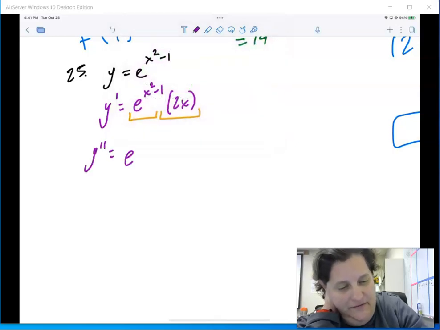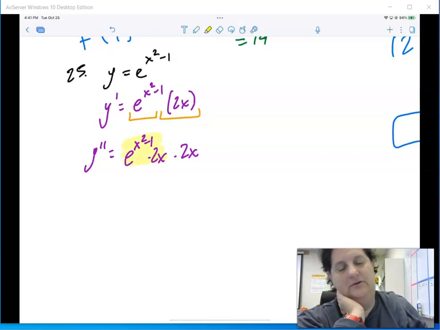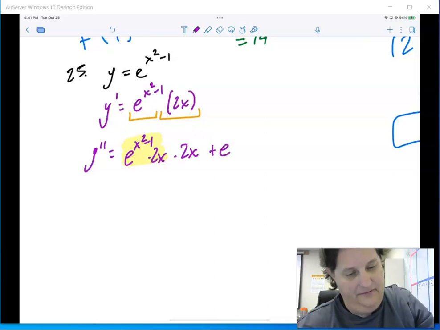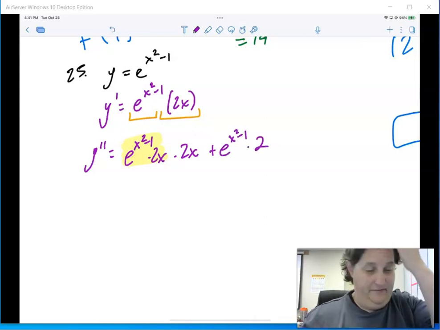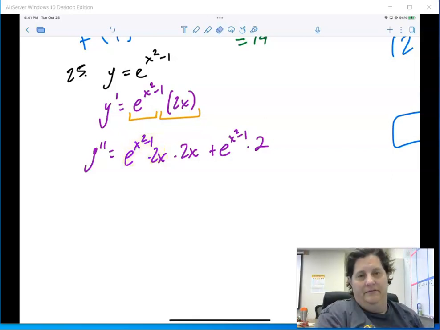So it's derivative of the first, because I had to do a chain rule, times the second. And then the first times derivative of the second, which is just 2. And then you can combine like stuff if you needed to.